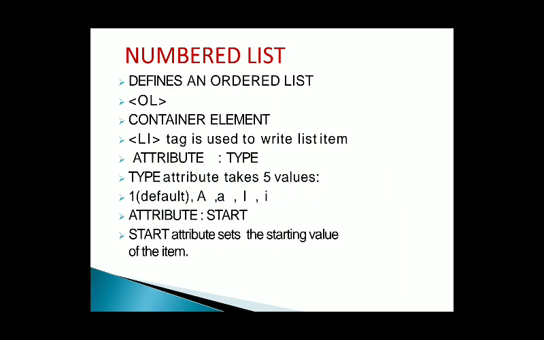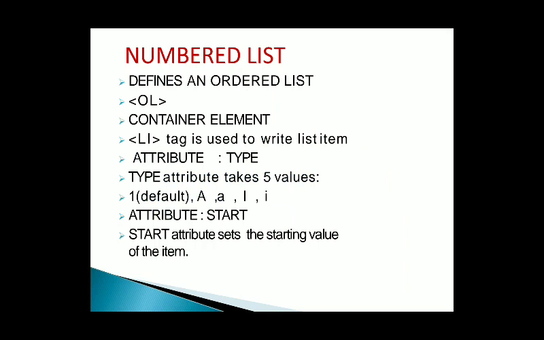Now this numbered or ordered list takes two attributes. The first attribute is type, meaning what type of list we are actually creating, and it takes 5 values. By default, if you are not using the type attribute, the list will start from the numbers itself, 1 2 3 4 5, like that.